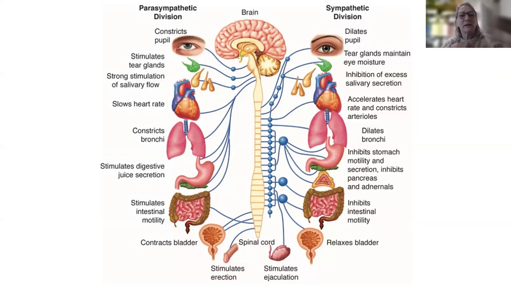The parasympathetic stimulates salivary flow, the first stage of digestion, whereas the sympathetic inhibits it.